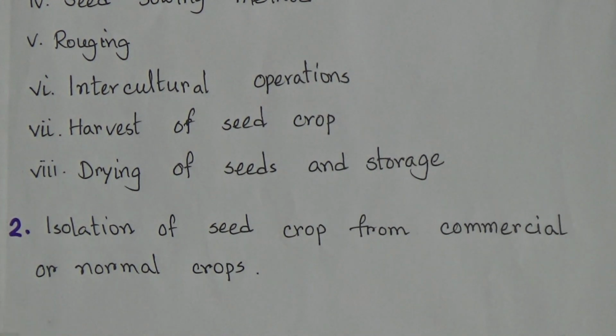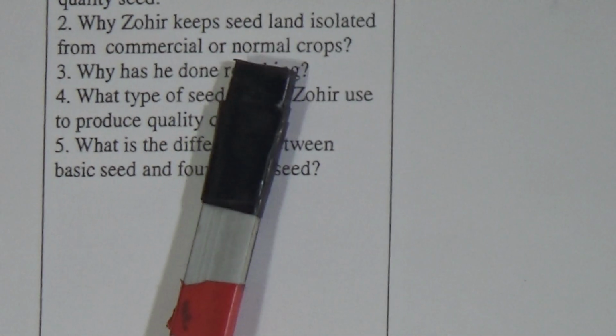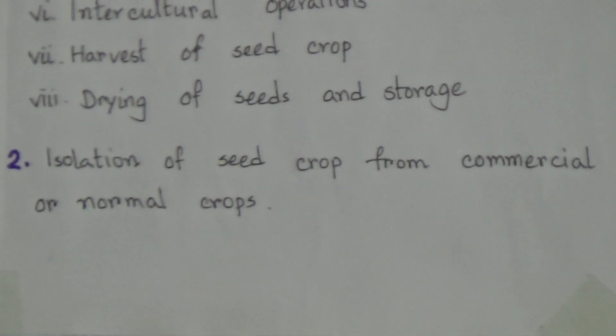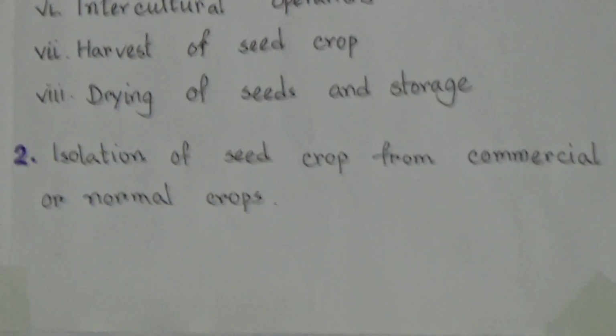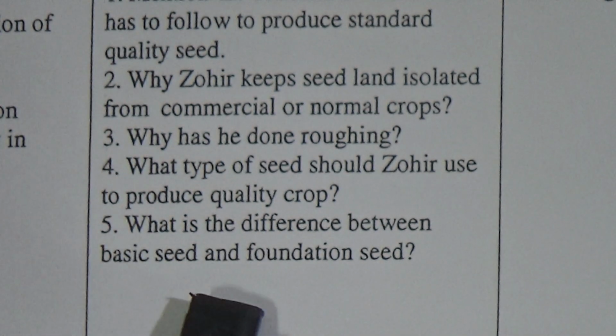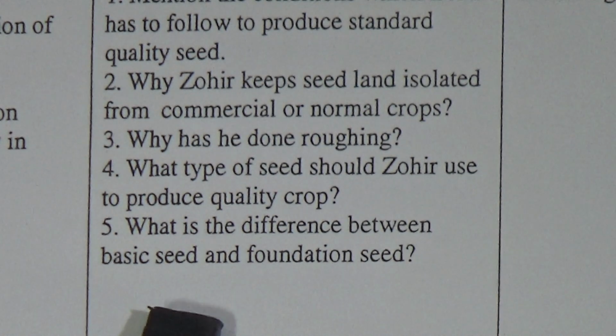Then number 2 says, why does Johir keep seed land isolated from commercial or normal crops? The answer is that he has to keep the seeds isolated from commercial or normal crops because he wishes to produce standard quality seed.